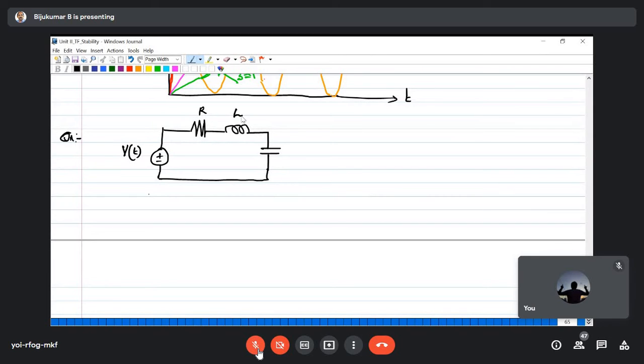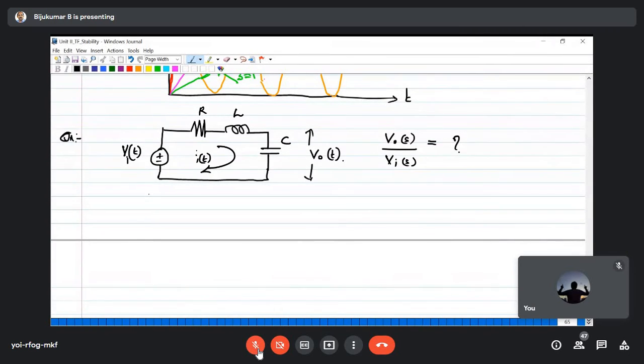R, L, C, and let i of t be the current flowing through this, and the output voltage is the voltage across the capacitor, V out of t. Now we have to find the transfer function, V out of S divided by Vi of S. Okay, now we'll start.